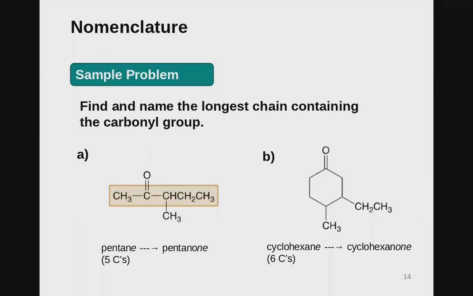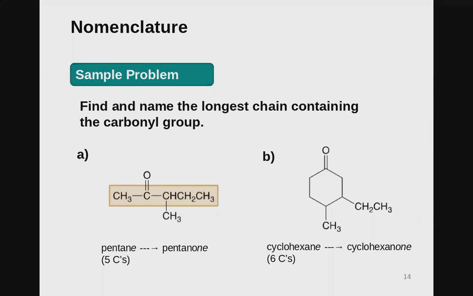I notice on a lot of your problem set 4s, a lot of you are forgetting the cyclo part. So we have cyclohexane. That would be the alkane name of this ring if there was nothing else. But we have that O double bond. Thus, it's a ketone, so we change hexane to hexanone. Cyclohexanone is what we have here.